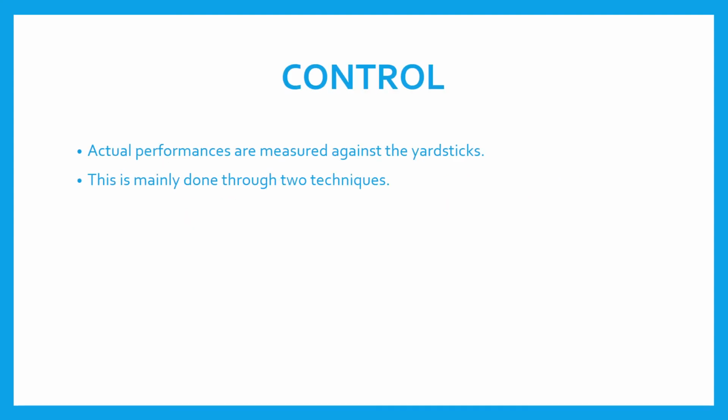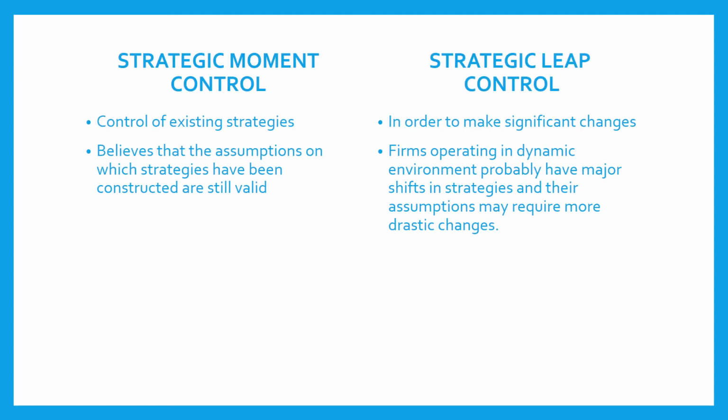Coming to the control, actual performances are measured against different yardsticks. This is mainly done through two different techniques. The one is strategic movement control and another one is strategic leap control.